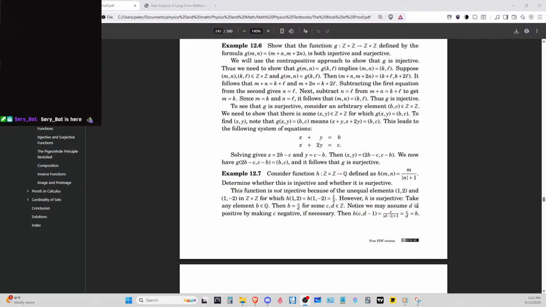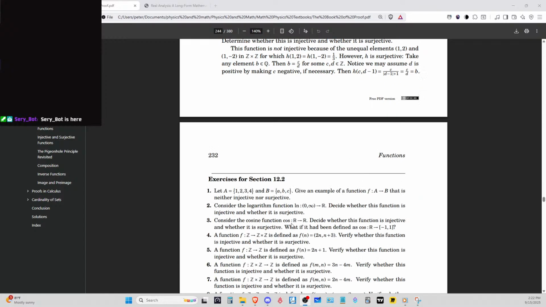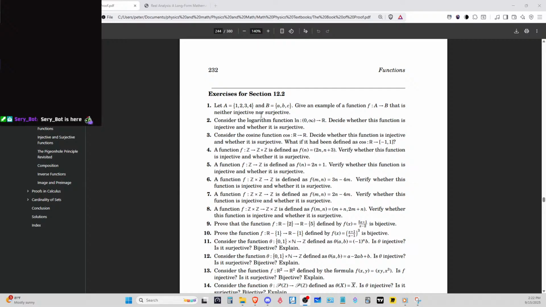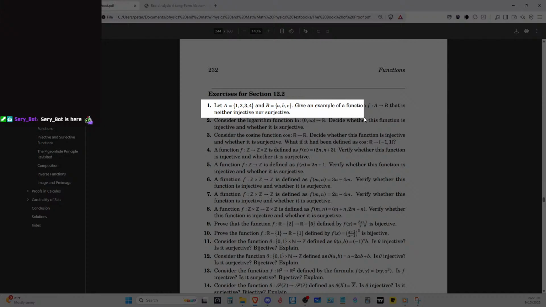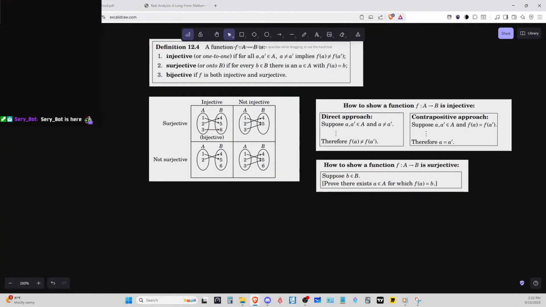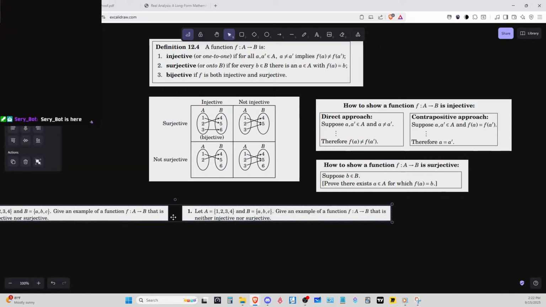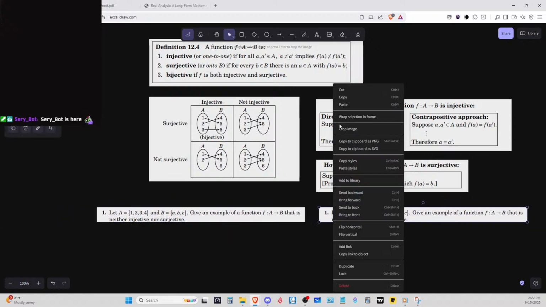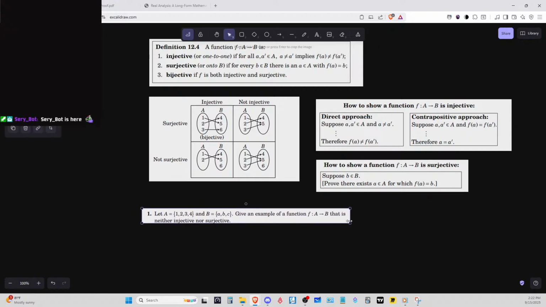Now we have these to work with. There we go. I was wondering why it wasn't allowing me to copy stuff.